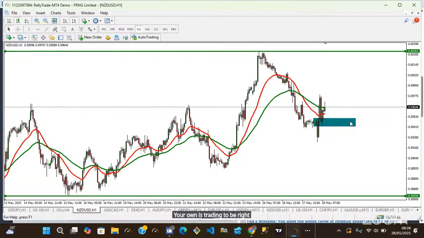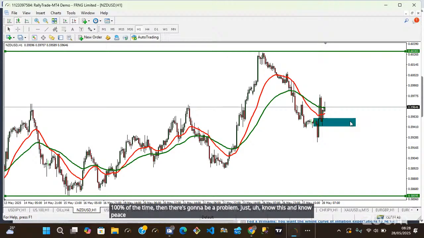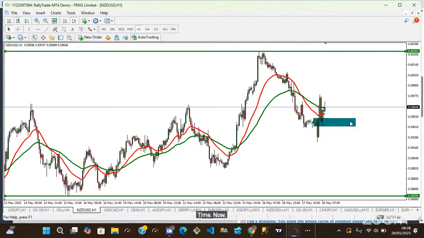If you always want to be right in this market, 100% of the time, then there's going to be a problem. Just know this, that you can never be right 100% of the time. Now, by right, I'm not even saying that you should go negative.